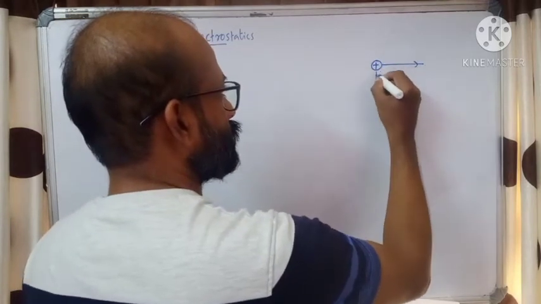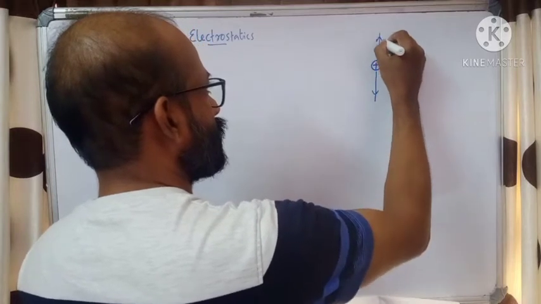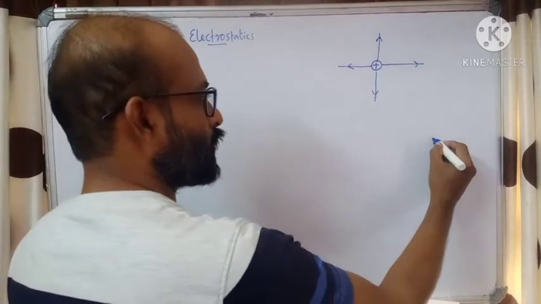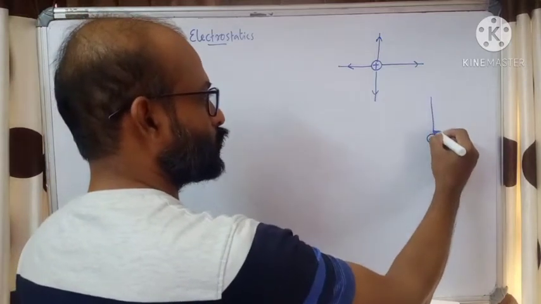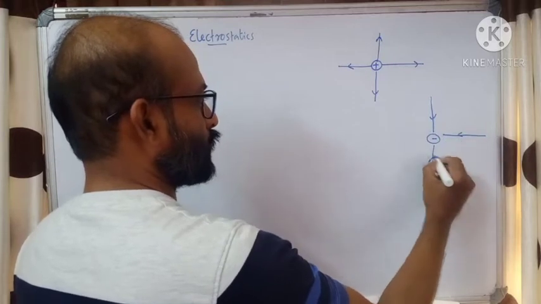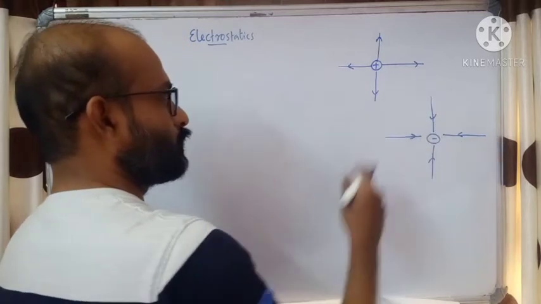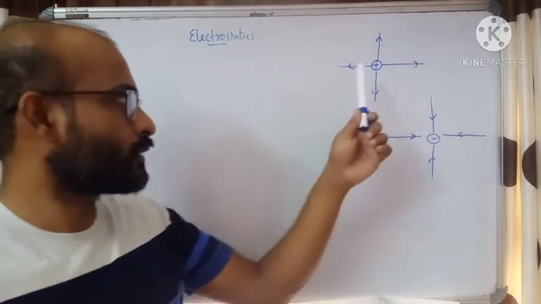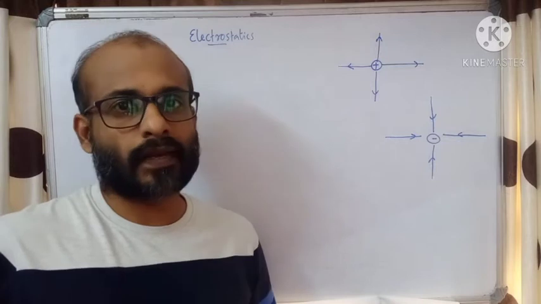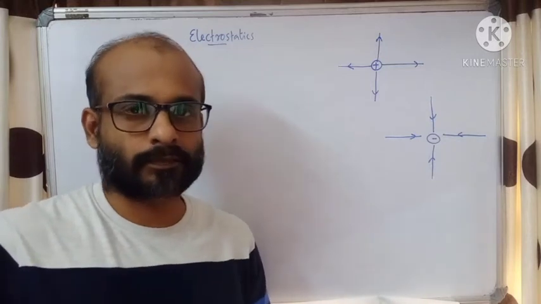For an isolated negative charge, the field lines are directed from infinity towards the negative charge. With the help of these field lines, the charges are able to interact.